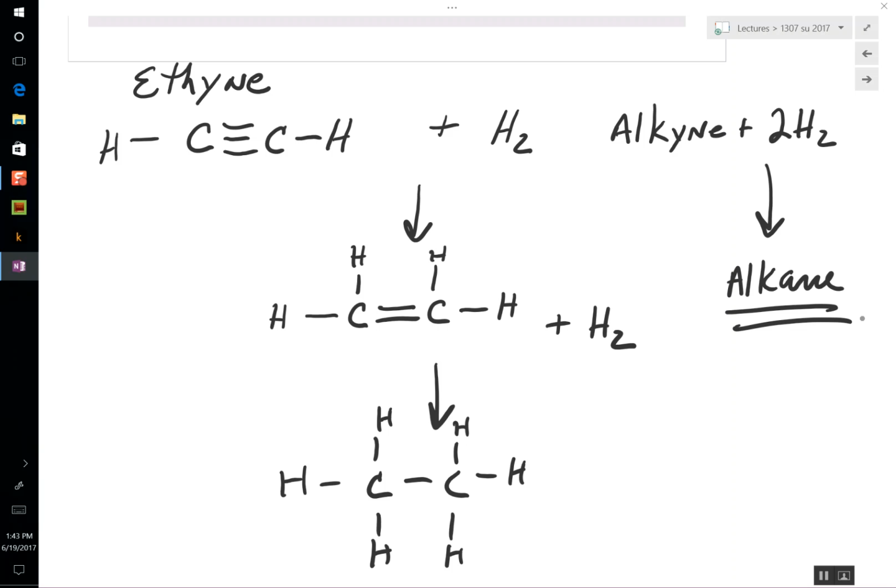So it takes a triple down to a double, then you need another hydrogen to take the double down to a single. All right? So very, very analogous reaction. You are adding hydrogen across a triple bond, but you're going to need twice as much hydrogen to saturate an alkyne as what it would take to saturate an alkene.